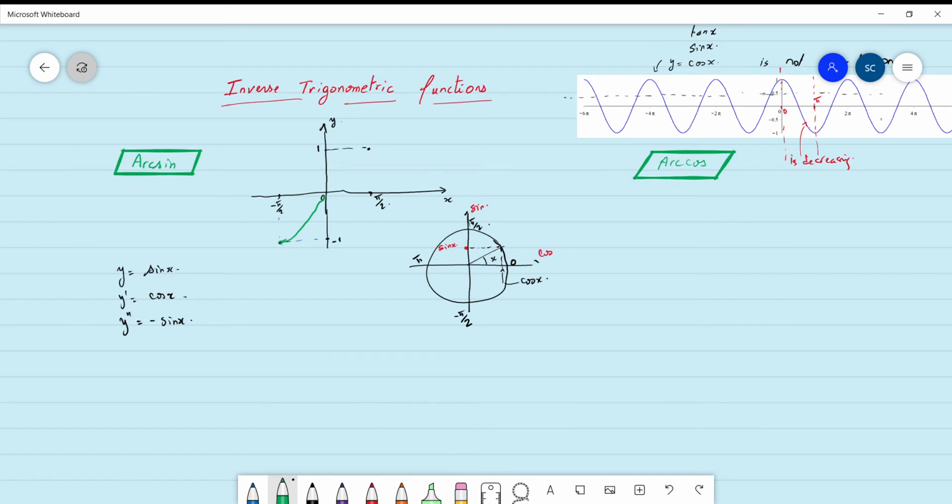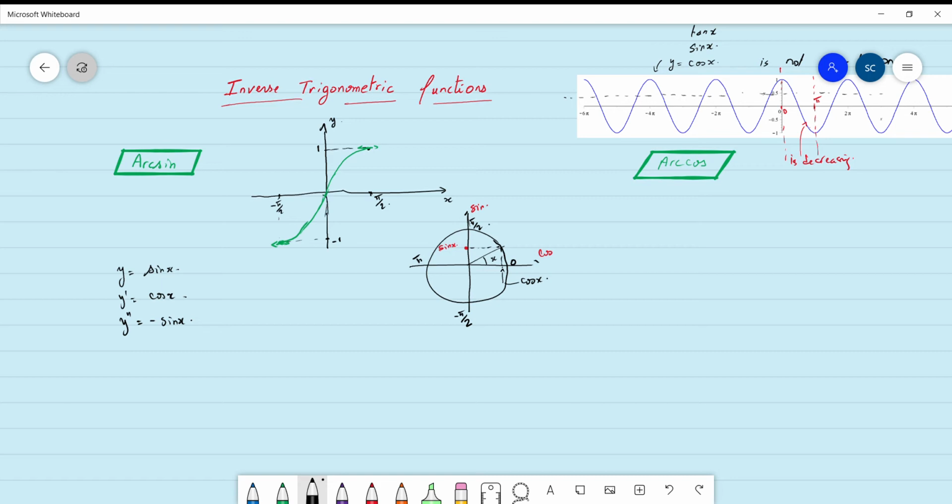I'm sure that it behaves like that, and of course they have horizontal tangents here. So the shape is like that. Let's do it better. So we'll have something like that. Okay, here it is.